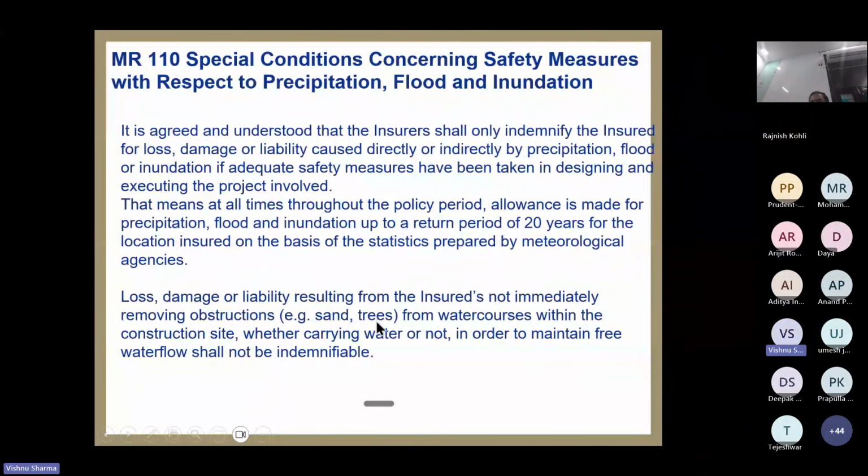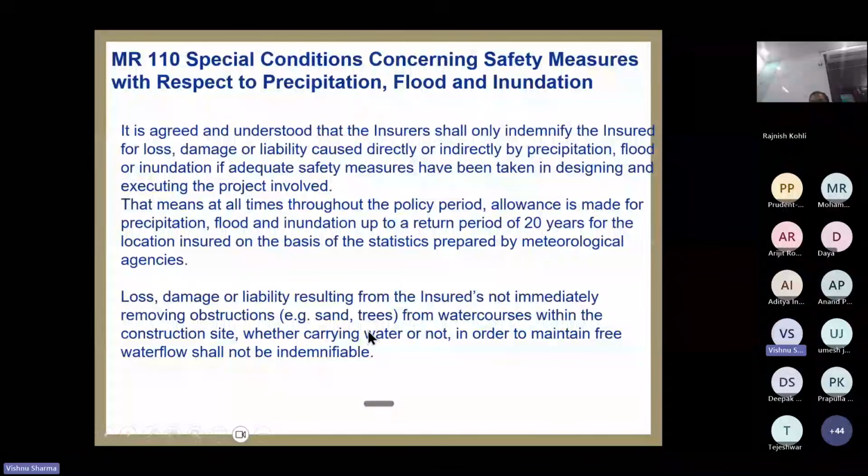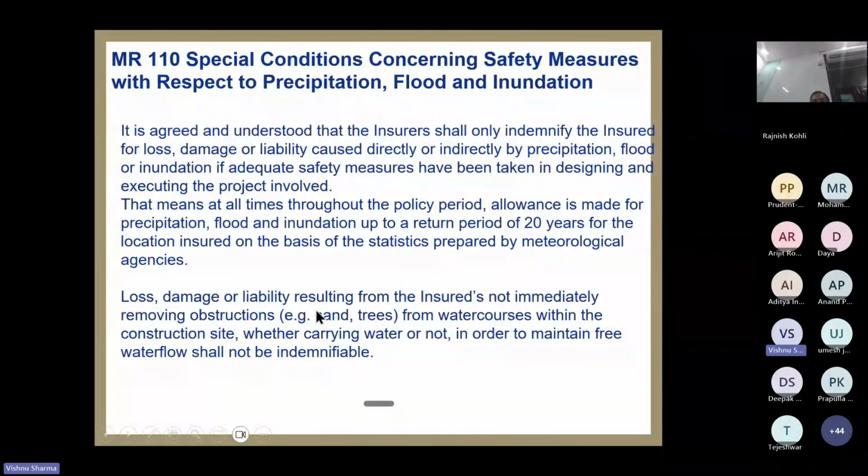So the insured is supposed to clean the construction site from all these things immediately, so that water choking नहीं होनी चाहिए. Water is coming from one end and it is going to flow, okay, और बीच से मान लीजिए कोई चैनल जा रहा है, वाटर चैनल, okay, तो यही बोल रहा है, not immediately removing the obstruction from the water course within the construction site, whether carrying water or not, चाहे उसमें पानी बह रहा है चाहे नहीं, लेकिन आपको सब क्लीन रखना है.